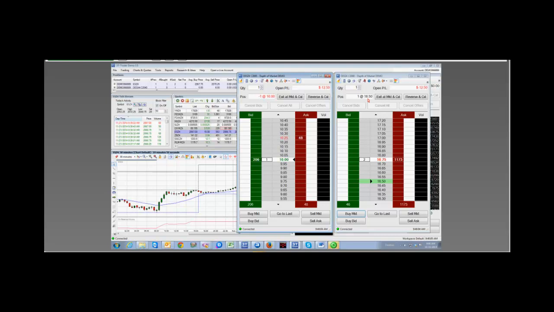Over on the other side, this one's easy because we got right at 10. You can see I was credited $500. So the difference between the $825 debited and the $500 credited, $825 minus $500, is $325.